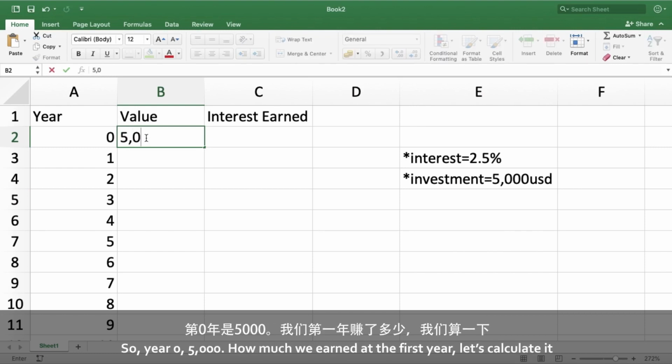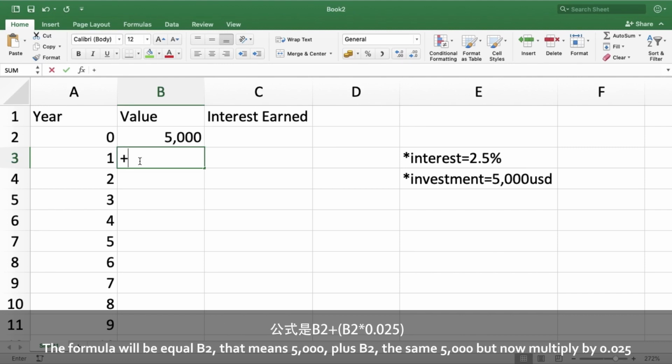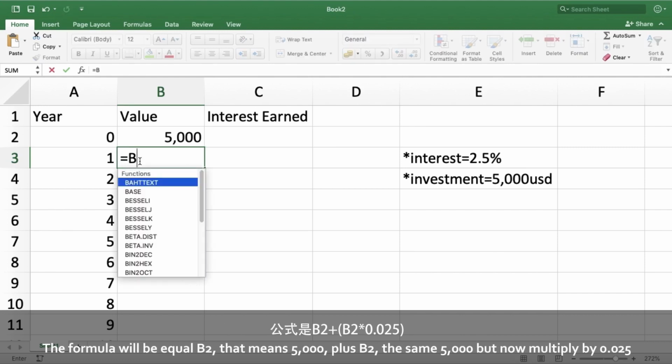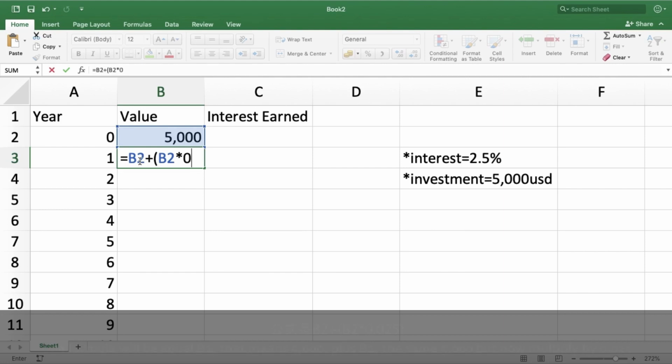So year 0, 5,000. How much do we earn in the first year? Let's calculate it. The formula will be equal B2, that means 5,000, plus left parenthesis B2, the same 5,000, but now multiply by 0.025.